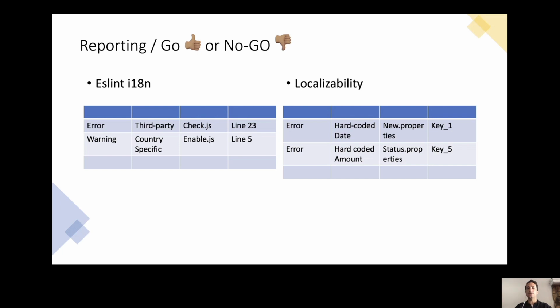Now, from the localizability part, you can also check what is happening. If you have warnings or errors, we don't encourage too many warnings; we mostly enforce errors, because if we say warnings, nobody is going to pay attention, right? For the errors, you see what the type is, in this case an error, what the type of rule is, such as a hard-coded date or hard-coded amount, the file where it's happening, and even the key.